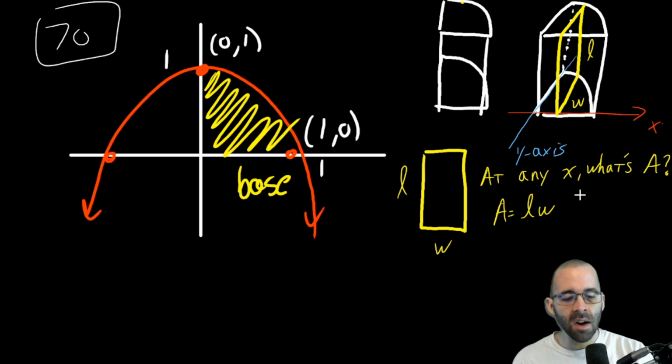L is the same, right? At any one of these cross sections, L, or the height, is all the same. In this picture, it doesn't matter if we drew it there or whether we drew it over here. The height's always the same because they are rectangular cross sections. So the L is actually just always... Wait, does it tell us?